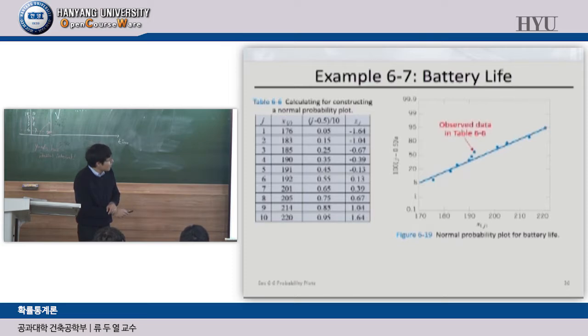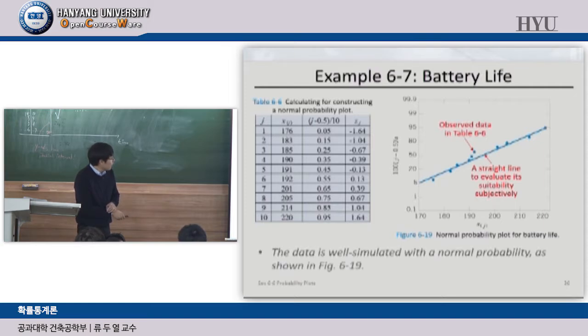And each dot indicates the observed data from this table. And this is the straight line to evaluate its fit subjectively. Okay? And the observed data is well simulated with the normal probability distribution. Right? Why?